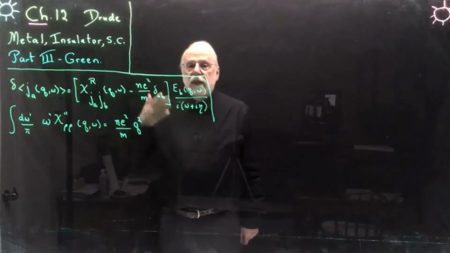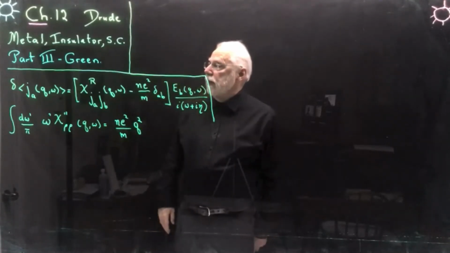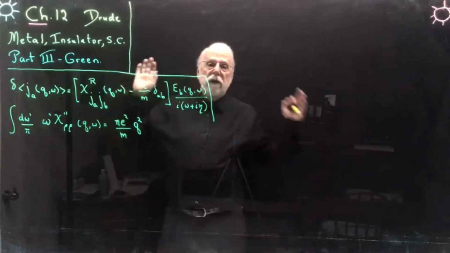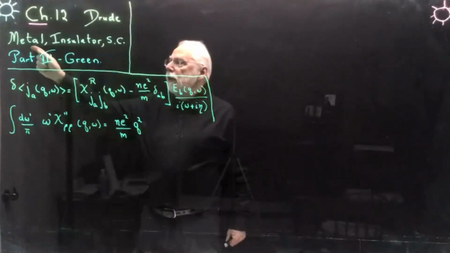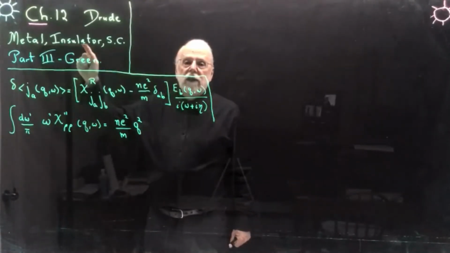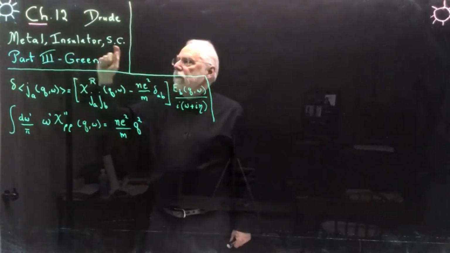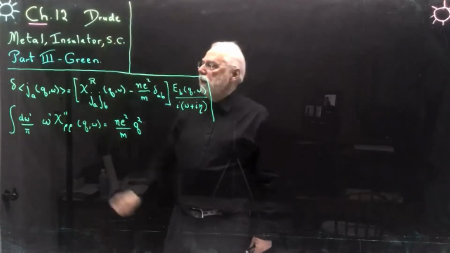And optical conductivity obeys some rules. So this is what we are going to discuss. So at zero temperature for a pure material, there's a very sharp distinction between what is a metal, what is an insulator, and what is a superconductor. And this is what we are going to discuss. And something called the Drude weight.